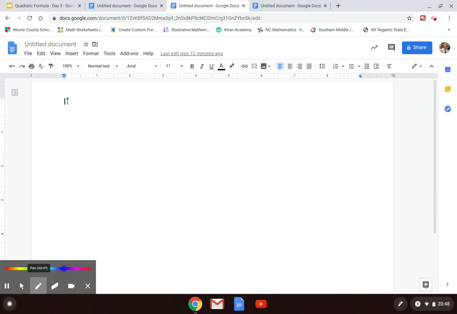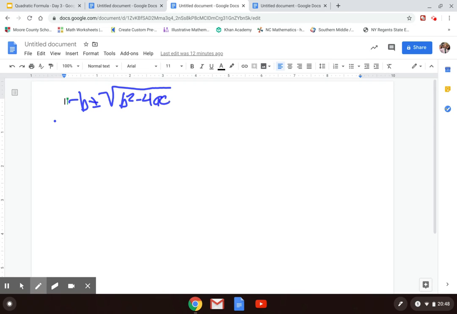All right, so again, we would start with negative b plus or minus the square root of b squared minus 4ac, over 2a. Since we don't have a b term again, because we're dealing with negative 16t squared plus 2063, we'll just let b be 0.